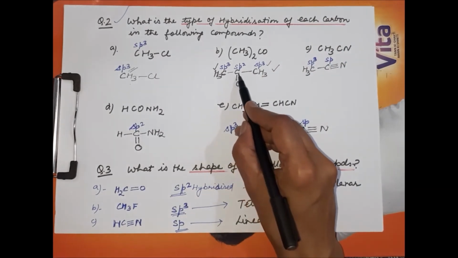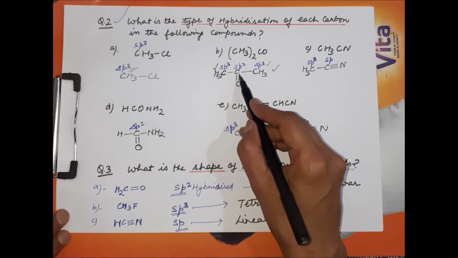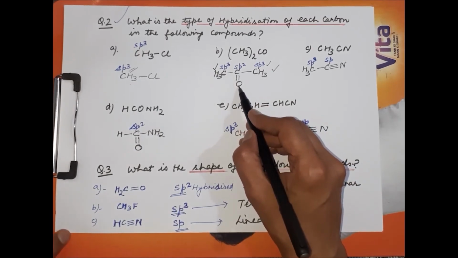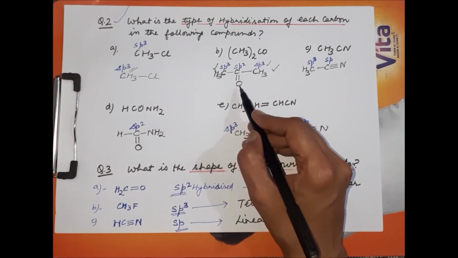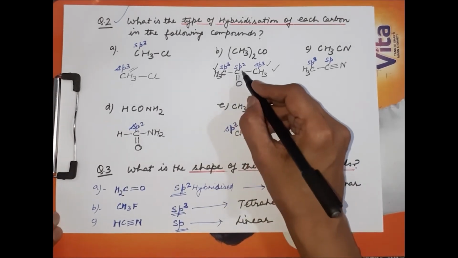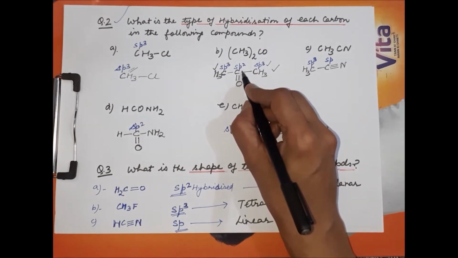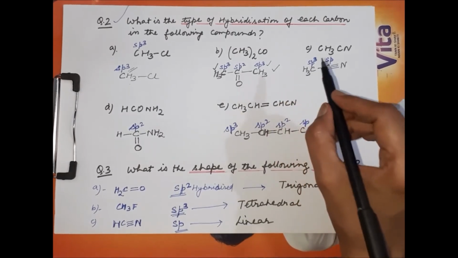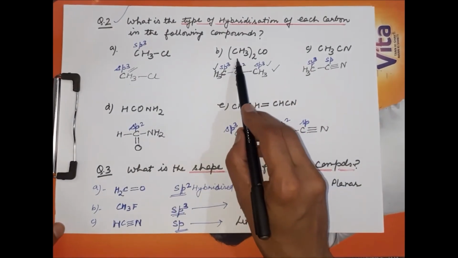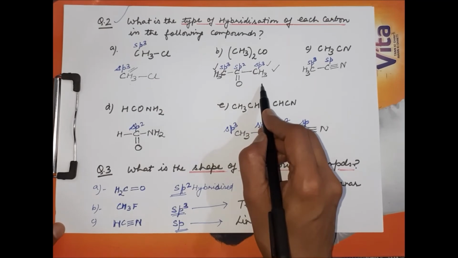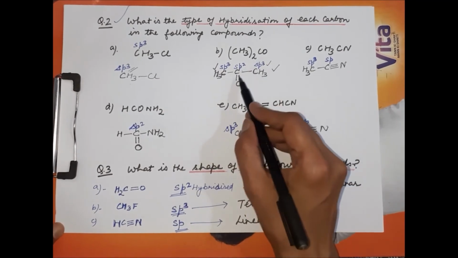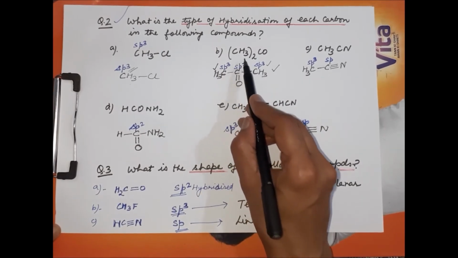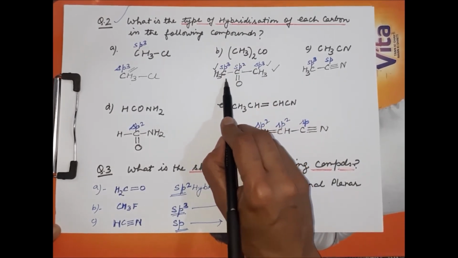But for this middle one, this ketonic carbon, this is having one double bond, and in such case this carbon will be sp2 hybridized. So again I will repeat. First we will write this in this form. Now in the center this ketonic group CO will come, with one CH3 group on the left side and one on the right side.